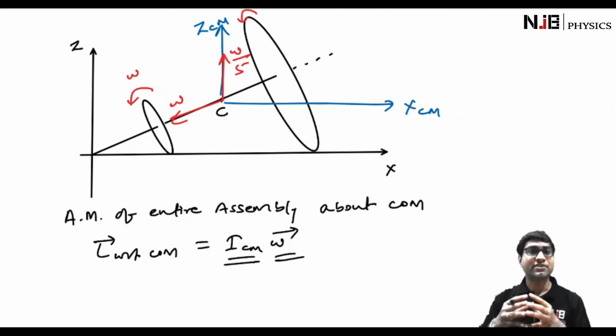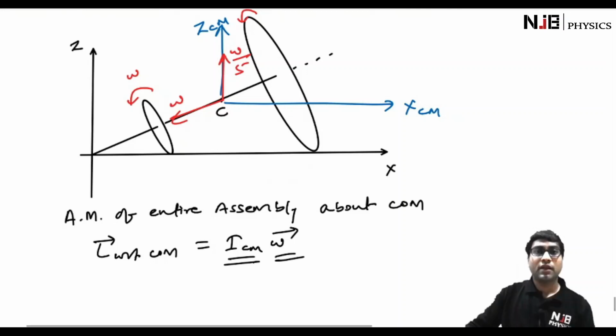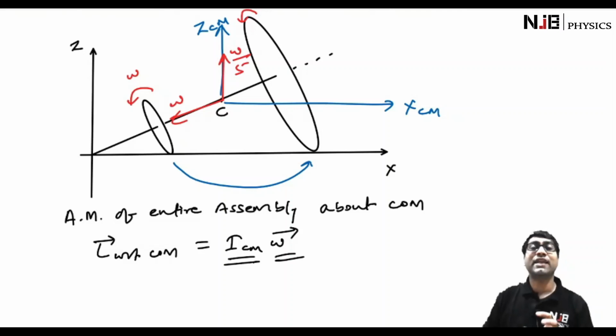So if you sit at the center of mass, you will see that the smaller disc is rotating with angular velocity omega about this axle, and also that this smaller disc is rotating about the z-axis like this, and similarly this bigger disc is also going to rotate about the z-axis like this, in addition to the angular velocity that it already has.